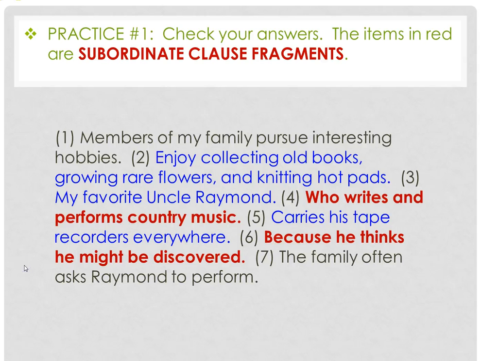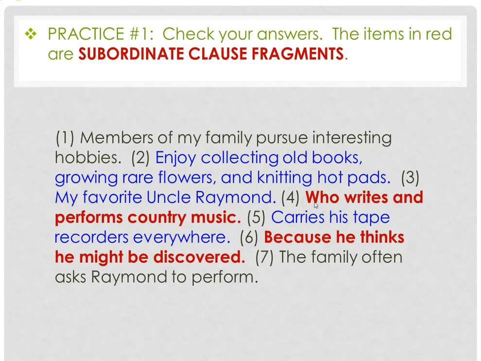Now look at number 4 and at number 6. Number 4 and number 6 are both subordinate clause fragments because they each have subjects and predicates, yet they don't express complete thoughts. So when you look at number 4, we have who writes and performs. So who is the subject, writes, and performs. Those are both verbs in our predicate. We have a subject and predicate, but this is clearly an incomplete thought. We're not asking a question here.